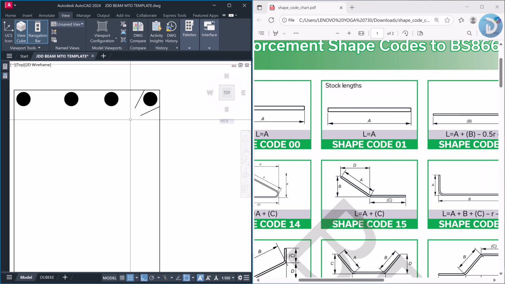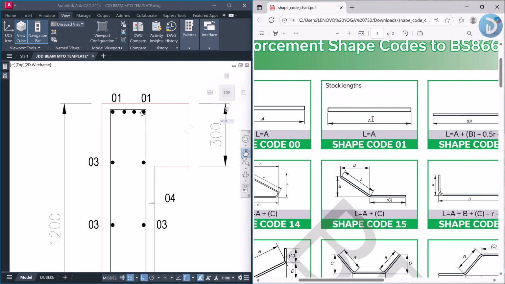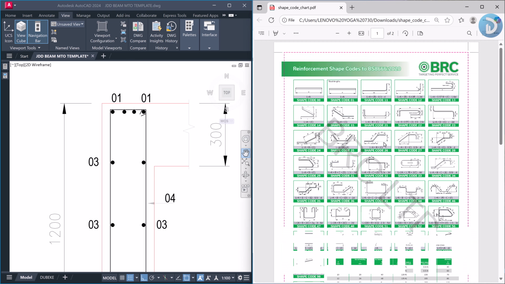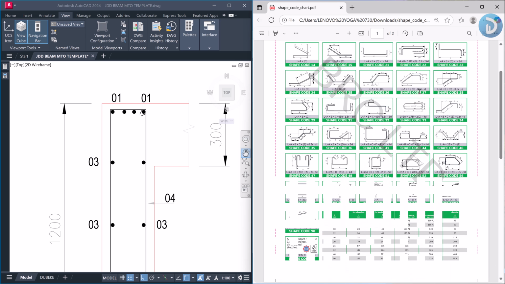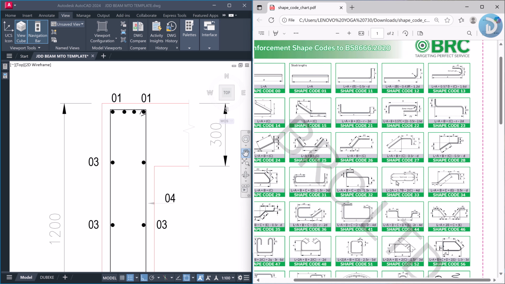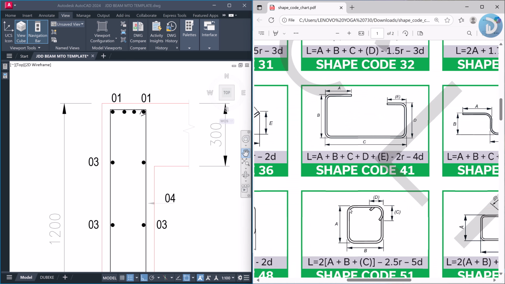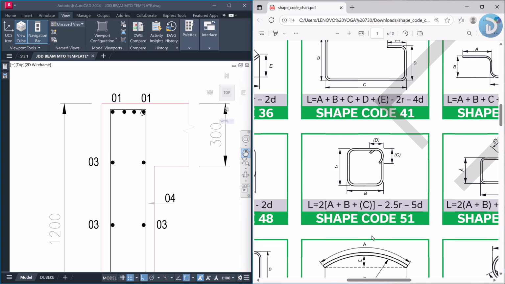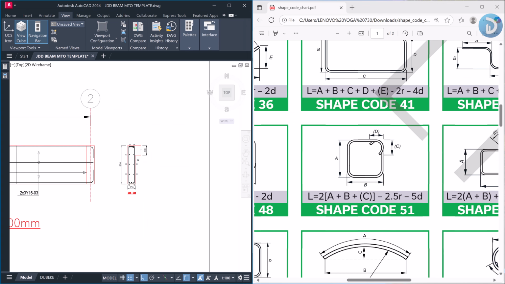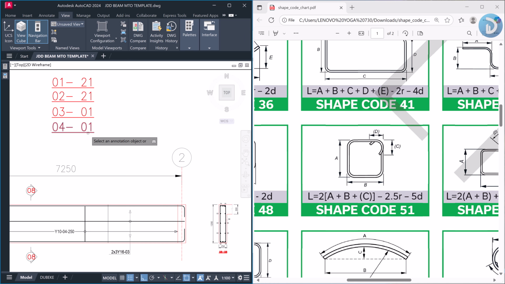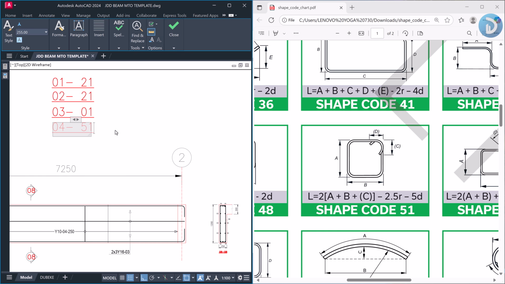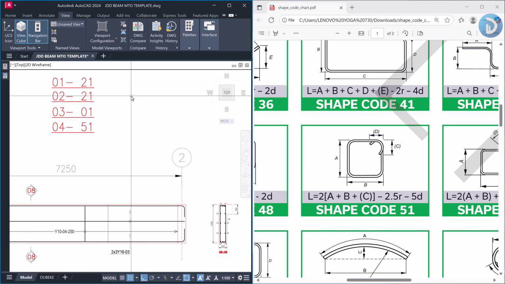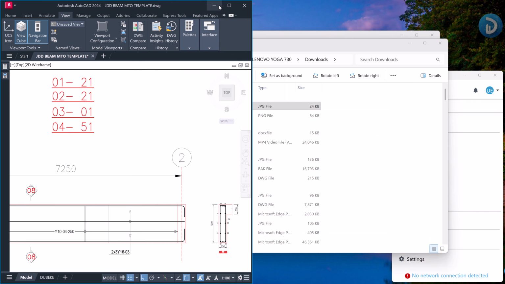Identifying this on the shape code, we get shape code number 51. So our bar mark 04 is shape code number 51. We've successfully identified the different shape codes required for this reinforcement.